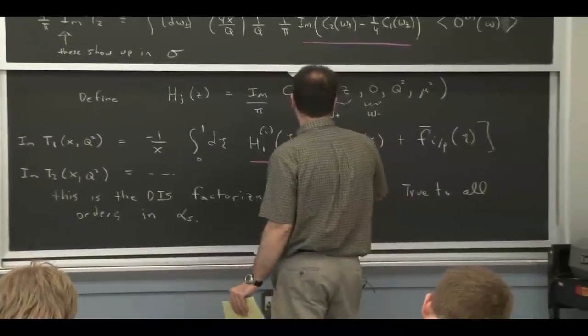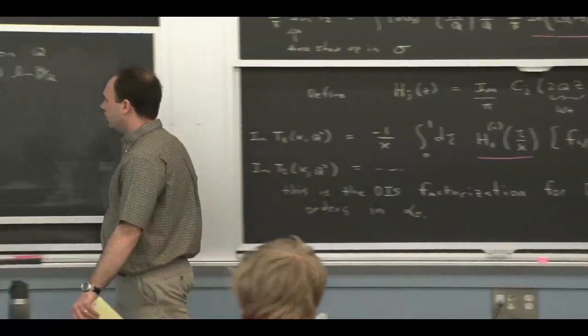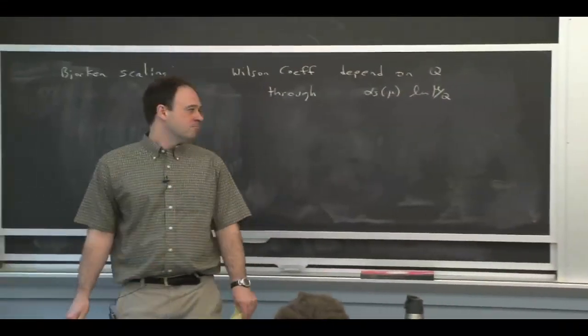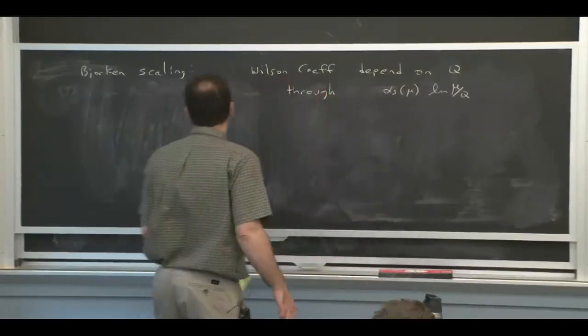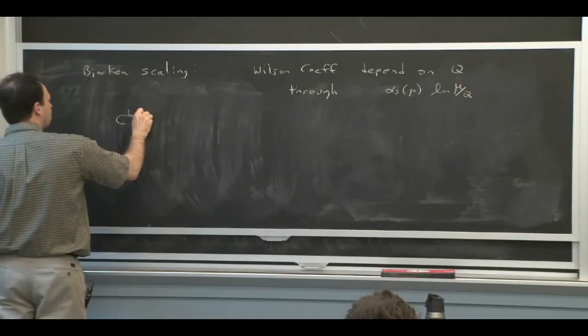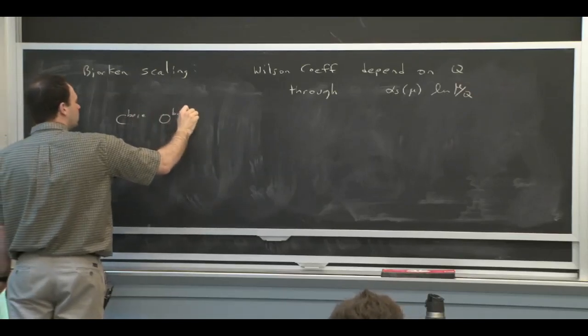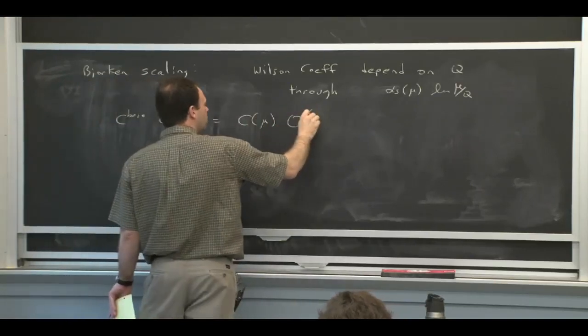The way that I described it, we didn't think too hard about bare versus renormalized. You just take these operators; so far, they could have been bare. But remember that when you have C bare, O bare, in the electroweak Hamiltonian, for example, that's C mu, O mu.